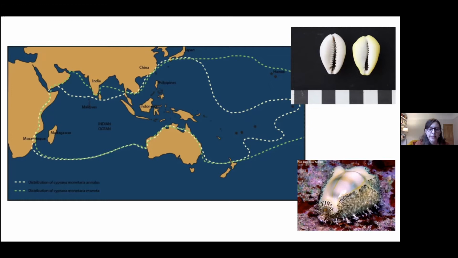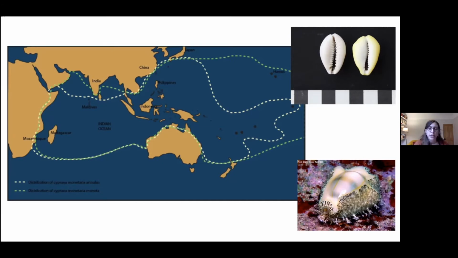But this has a longer historical precedence, and we know from historical documents and from the work of one of our colleagues, Anne Hauer, that moneta cowries were harvested in exchange from the Maldive Islands from the late first millennium, and they made their way across to West Africa via trans-Saharan trade networks.